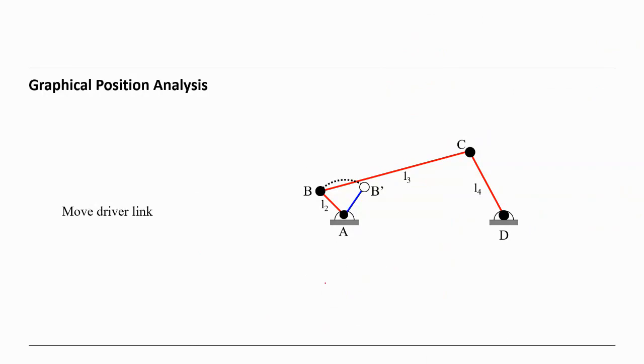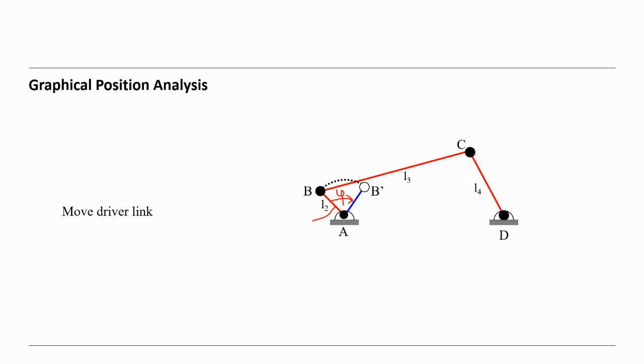If our driver or crank moves from this position into the position here, let's say by the angle phi, then graphically we draw the new position of C. The position of B is now in the new situation, position B prime.